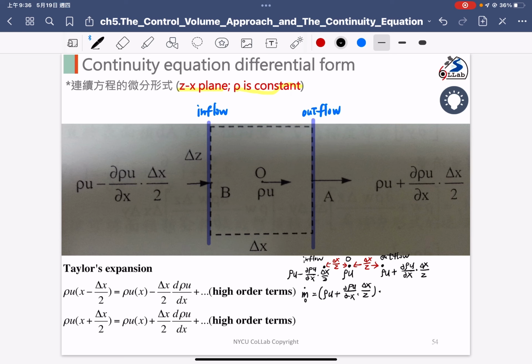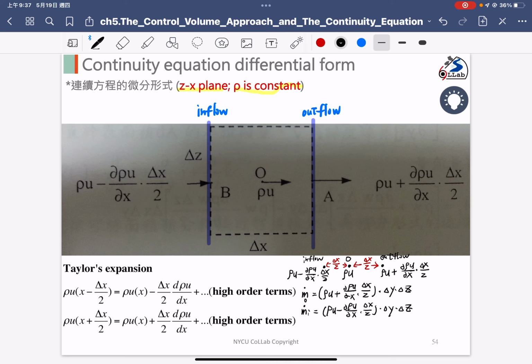Because we focus on the x plane, the cross-section area is delta y multiplied by delta z. Then we can calculate the inflow rate, which equals rho u minus the gradient of rho u with respect to x multiplied by delta x over 2, multiplied by delta y delta z.